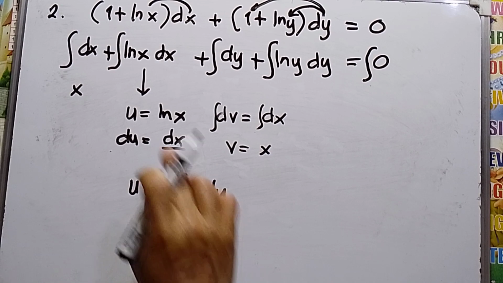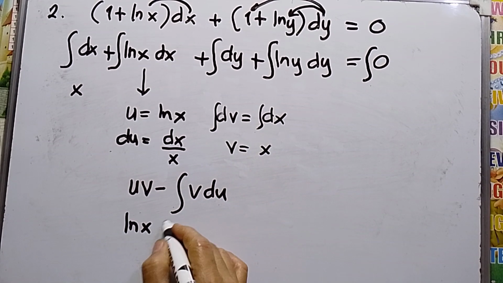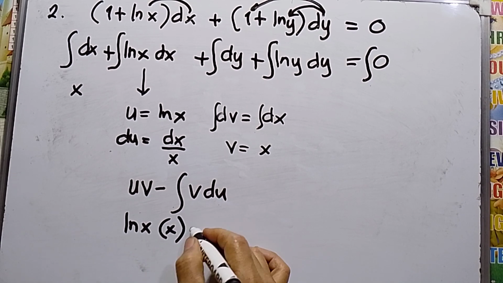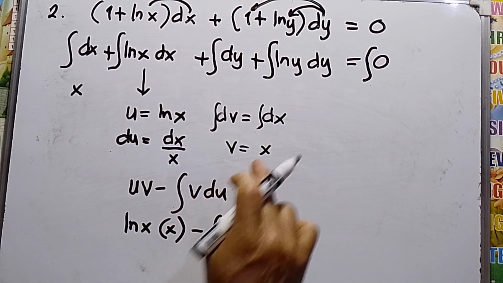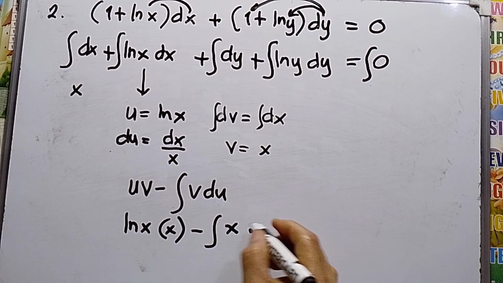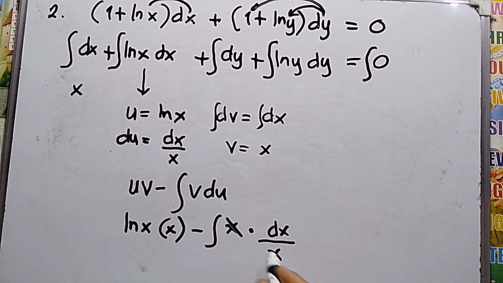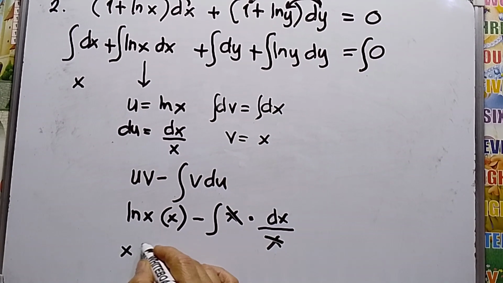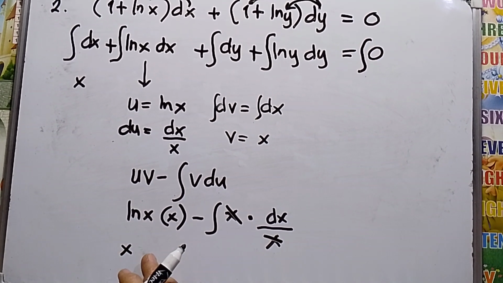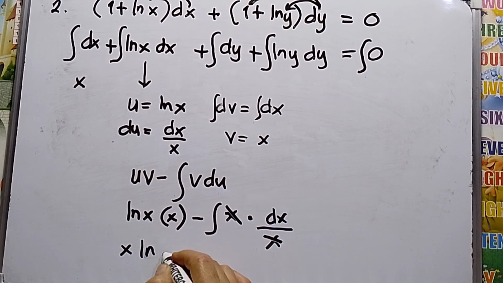Okay, so what is u? u is ln x. Then v is x, minus integral of v, this one will be x, du is dx over x. So this will be crossed out. So I can write here x because multiplication is commutative. So I can write x before the ln x. So x ln x to make it proper.